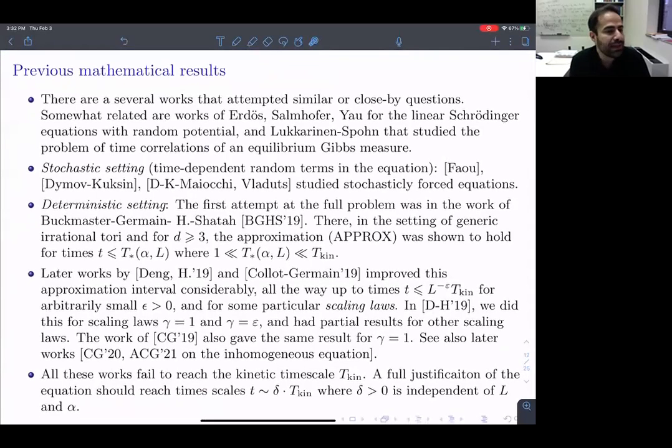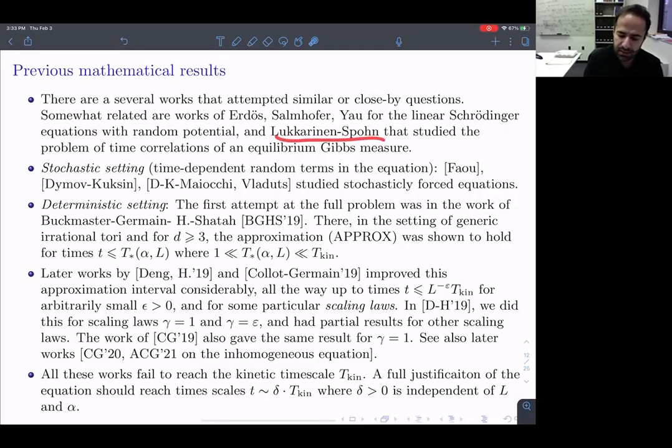All right, so let us get to the mathematical results on this question. This question has a lot of flavors to many other similar and close by questions. The first work that seems to be most closely related is that of Erdős, Salmhofer, and Yao, and that work considered the linear Schrödinger equation with random potential, around 2008.